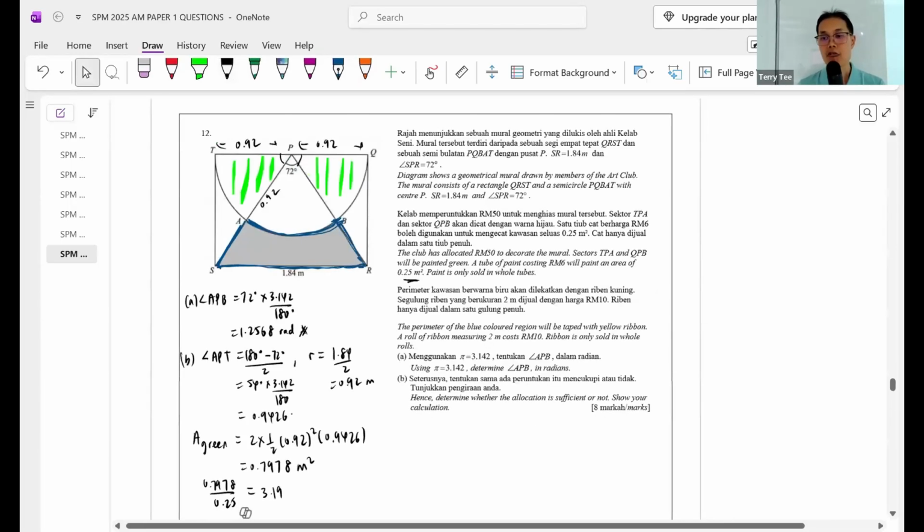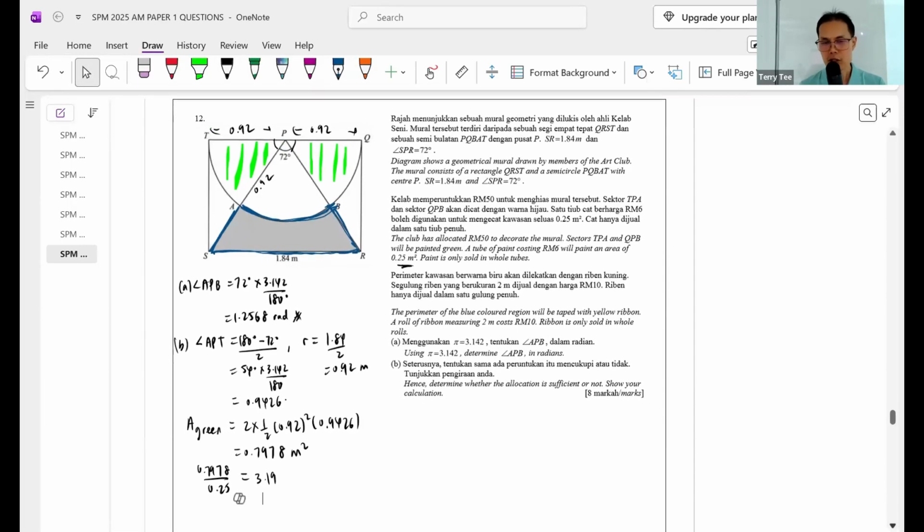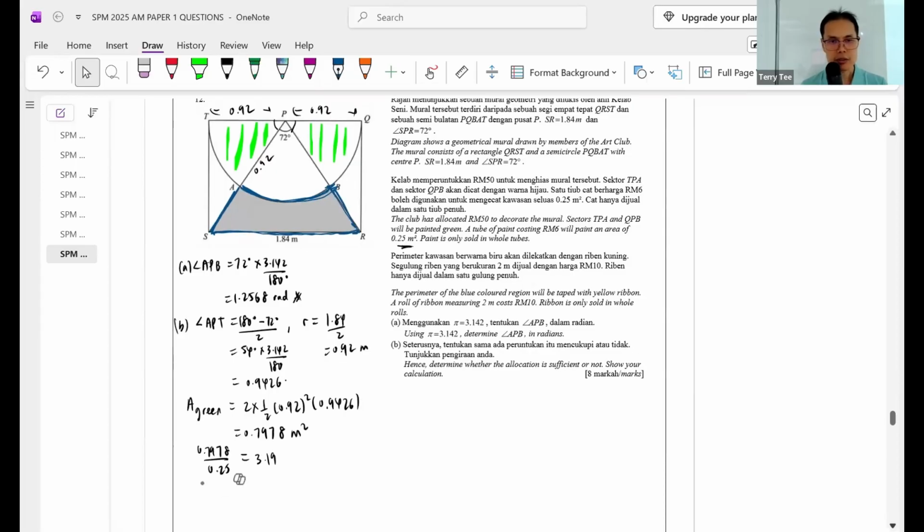No. 3 is not enough, so we say we need 4 tubes. You can write approximately 4 tubes. We'll count the cost later. 4 tubes, right?